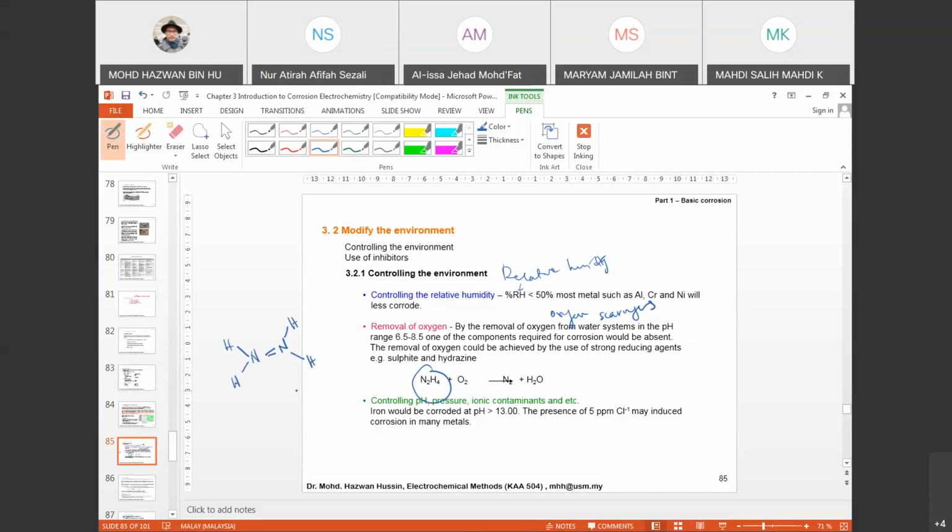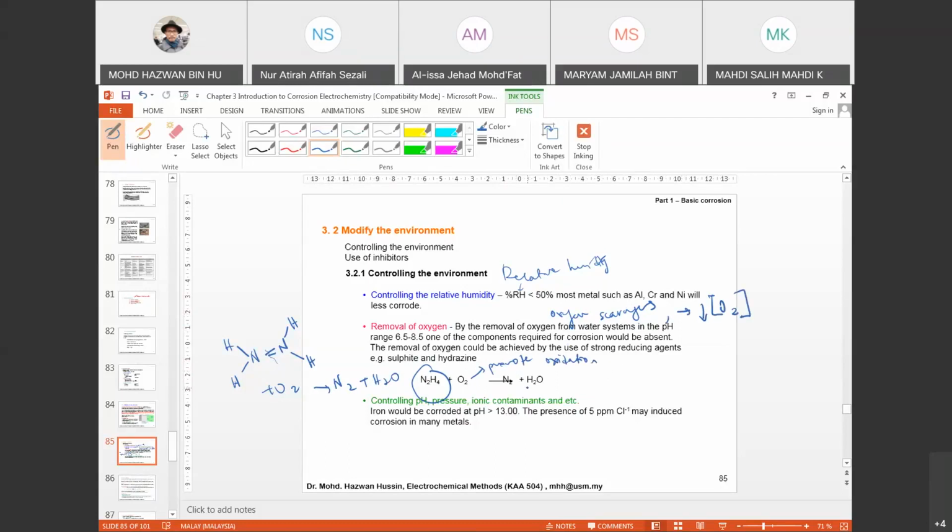It can easily react with oxygen to form nitrogen gas plus water. So you have no more oxygen, because more oxygen in the environment can promote oxidation. The objective of introducing an oxygen scavenger is to lower the oxygen concentration.